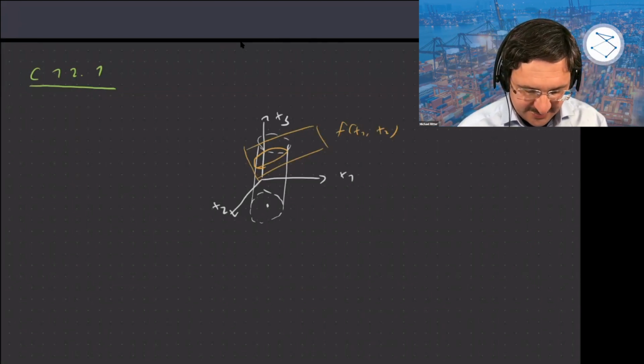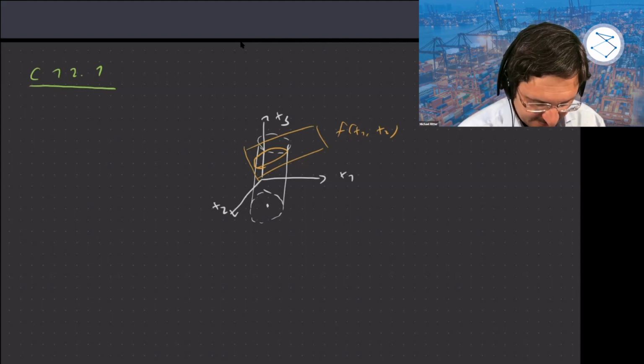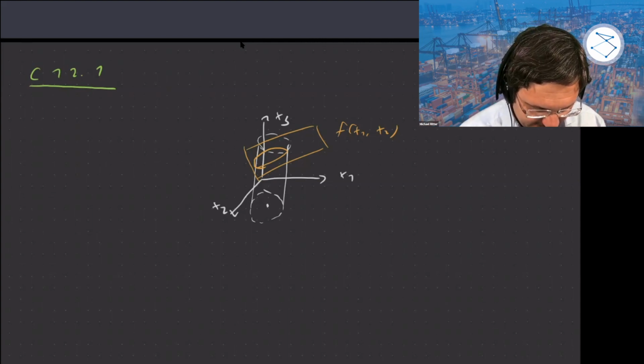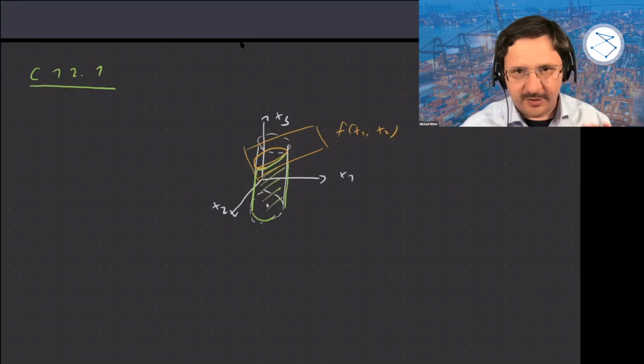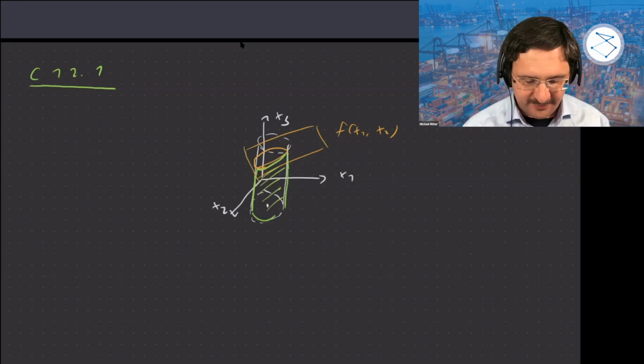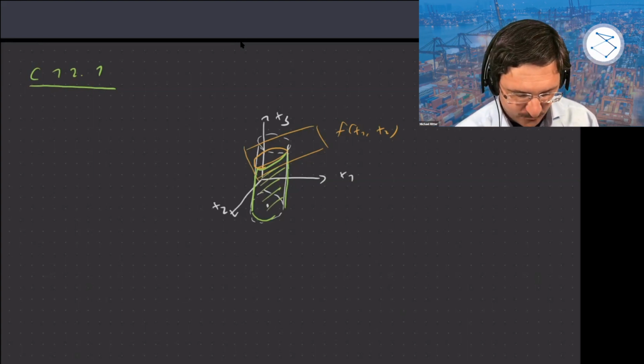And what we're interested in is the lateral area. So the area defined here on the side of the cylinder, basically. This area, and of course on the back side as well, right? So that area around the cylinder, that's the area you want to know.